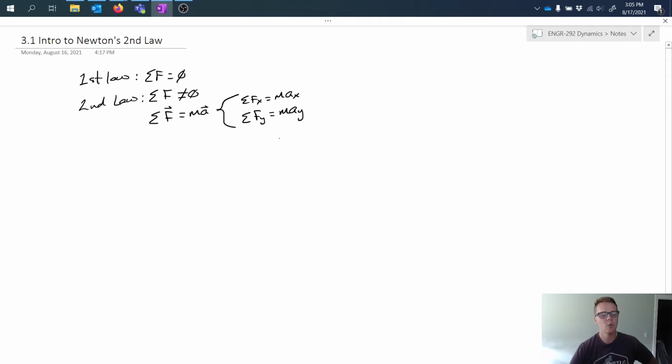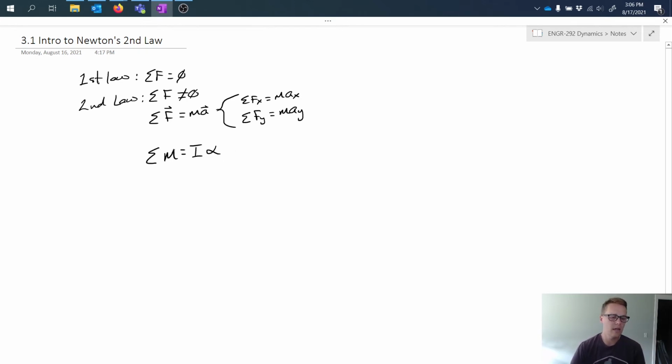If we are talking about objects that are undergoing a moment or a torque being applied to them, we need to think about rotation as well. So the rotational component that we include is a summation of moments, and instead of setting that equal to 0 like we might in a statics class, we're going to set this equal to mass moment of inertia times angular acceleration.